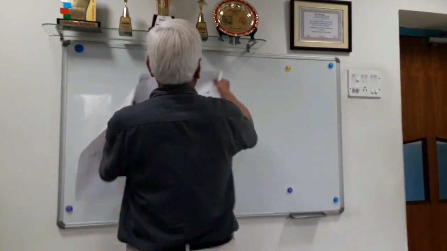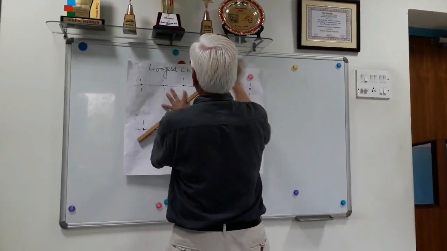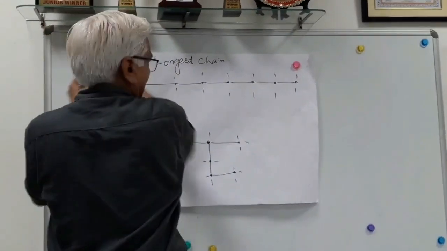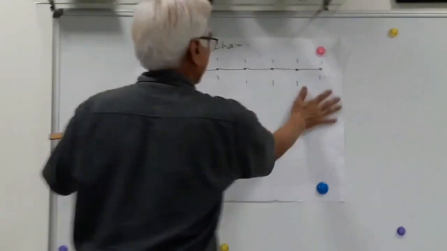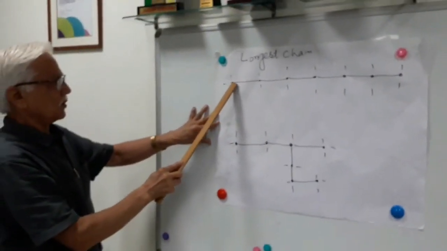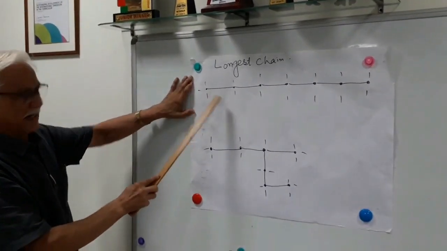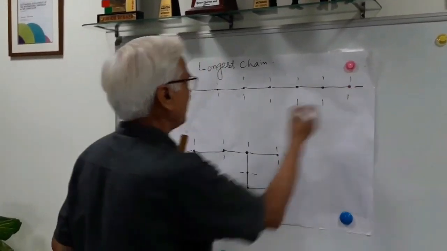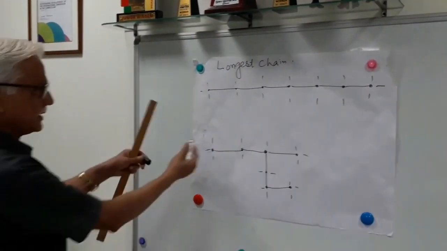Say for example, what do we mean by the longest chain? See, if I have drawn this structure, the dot is the carbon, and these are the hydrogen atoms. You know the valency of carbon is 4, so it is written like this.